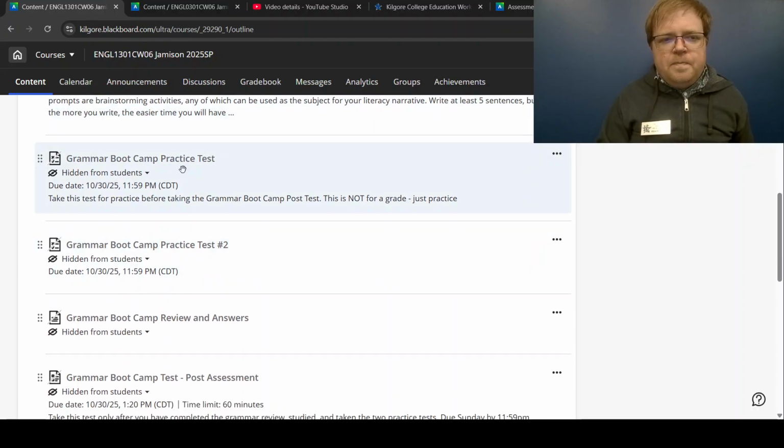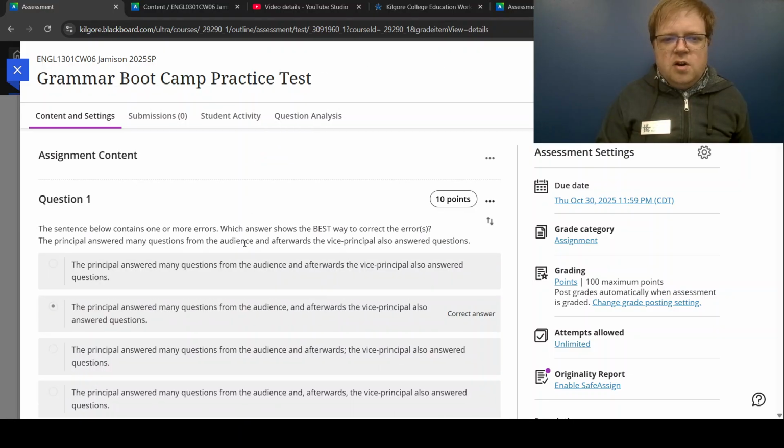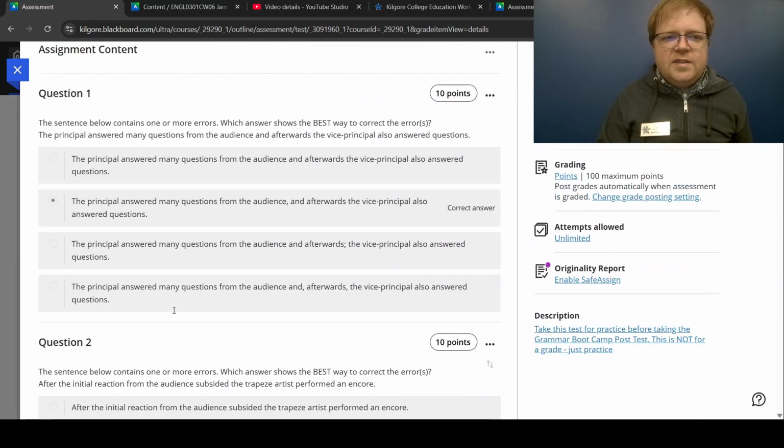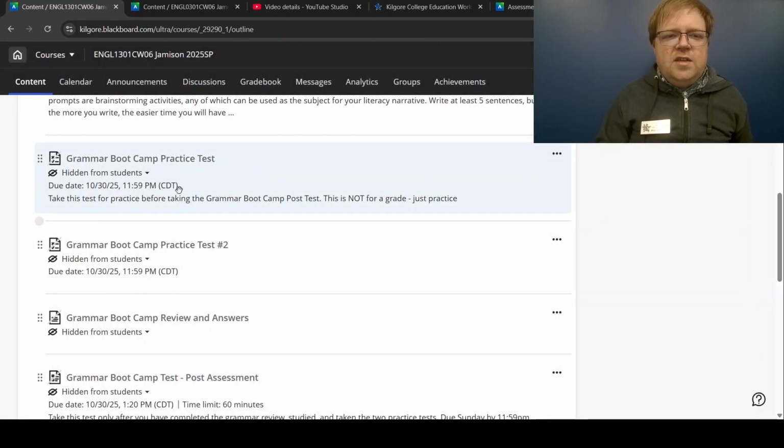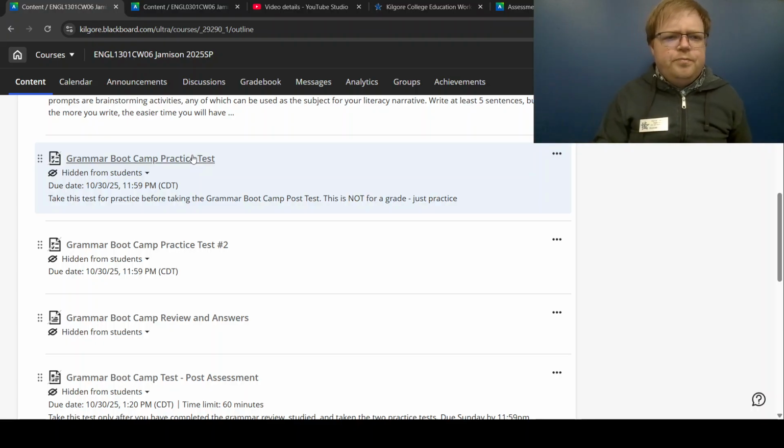Back to grammar here. I have 2 boot camp practice tests here that you can see. Both of these are very similar to the kinds of questions that you'll actually see on the real test. You can take these as many times as you want. So go through, take these, see which ones you get wrong, review them, and take them again until you get 100 on them.